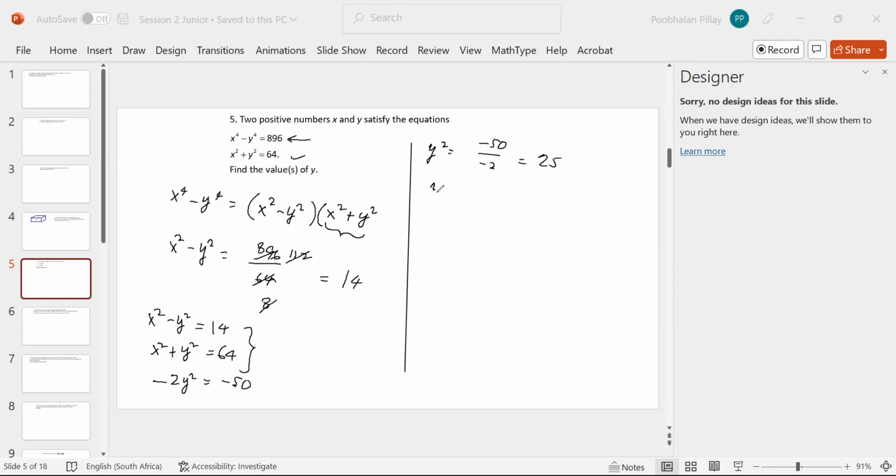So when you square y, you're going to get 25. y could be 5 or negative 5, because if you square negative 5, you also get 25. But if you read the question carefully, you will see that these numbers are positive. So you can't use that. So the answer is y equals 5.